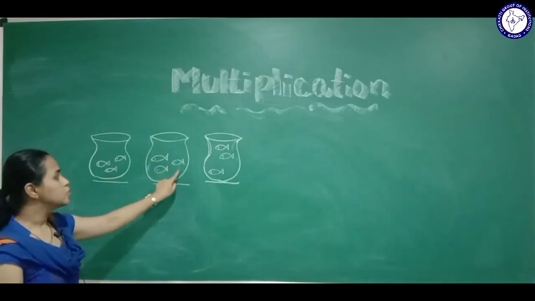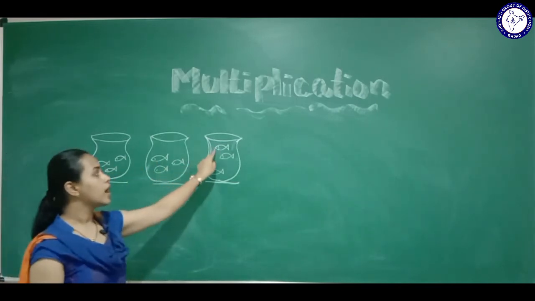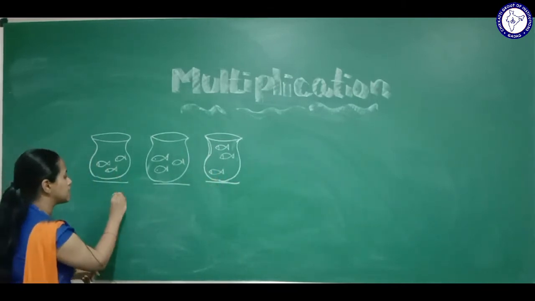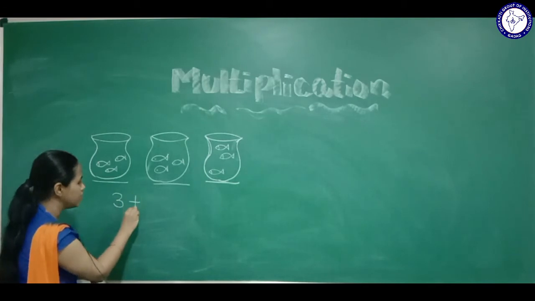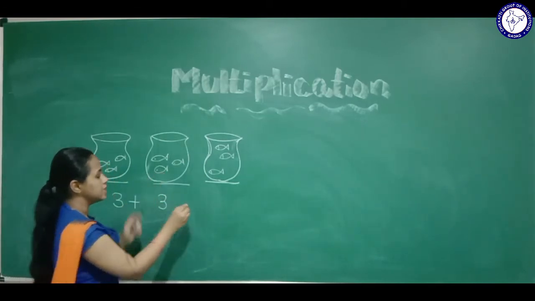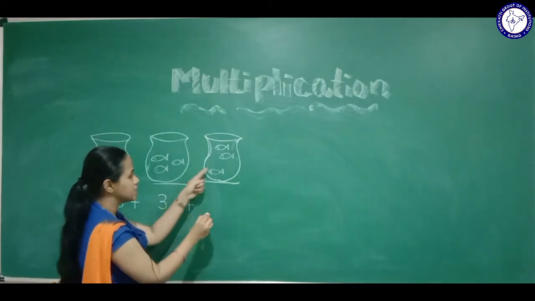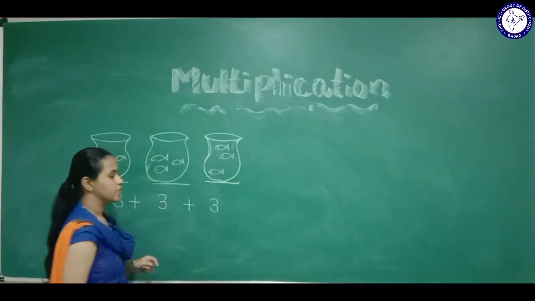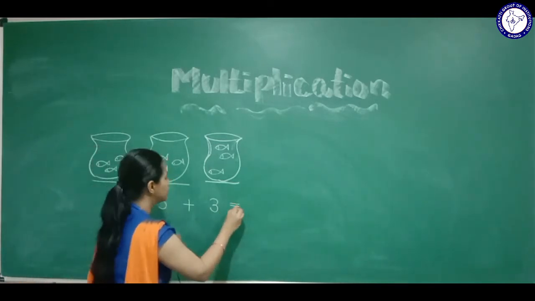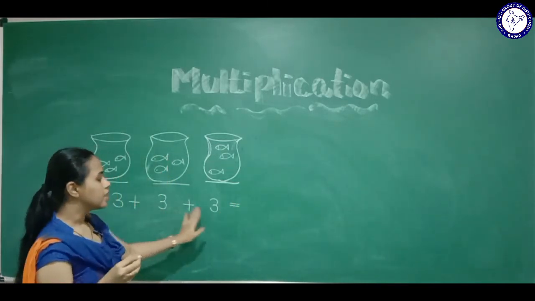Right? So each pot has 3 fish, plus 3, plus again 3. So in total, how many fish are there? 3 plus 3 plus 3.